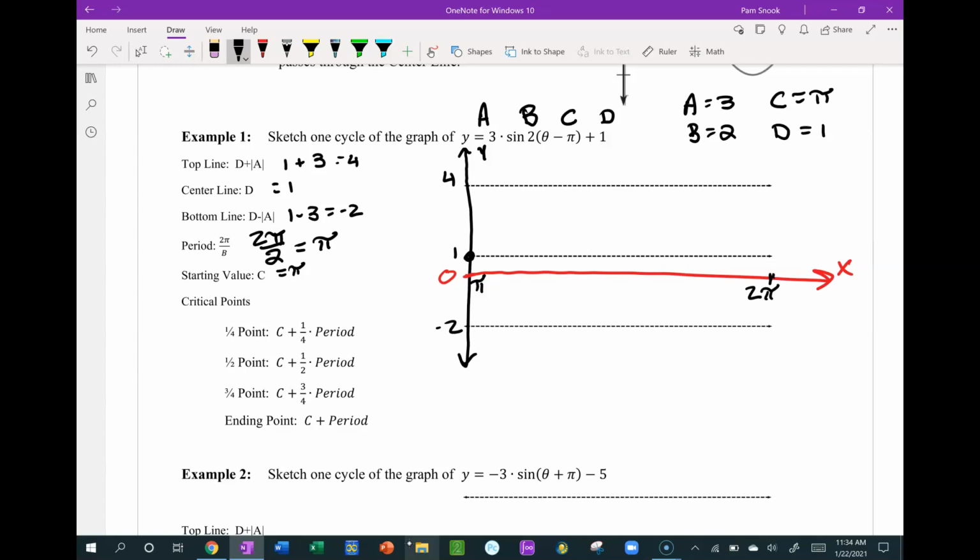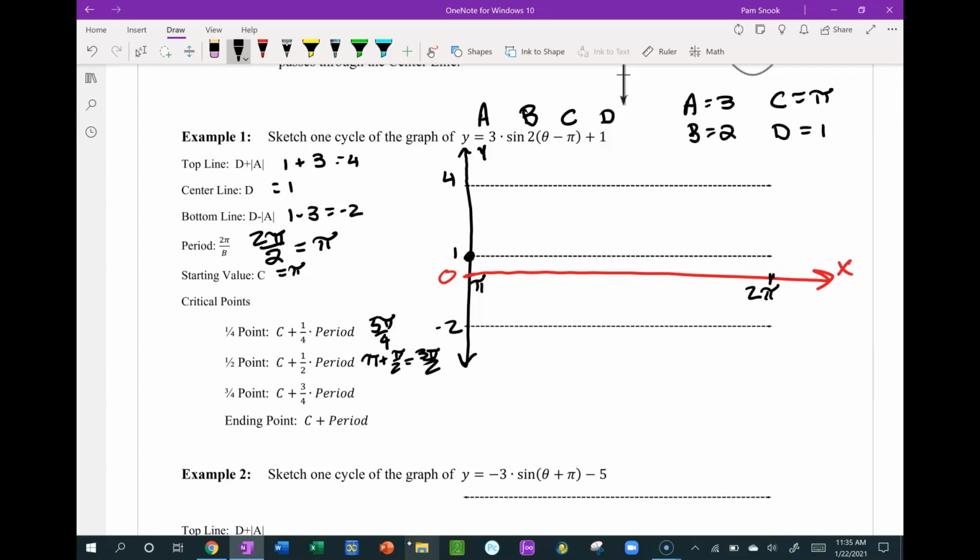For the quarter point, I'm going to take my critical point, which was pi, and add a quarter period. A quarter of that period is just another quarter pi. So I'm going to have a critical point at 5 pi over 4. And then my halfway point, I'm going to take that pi and add half of a period. So I'm going to add pi plus half pi. So that gives me 3 pi over 2.